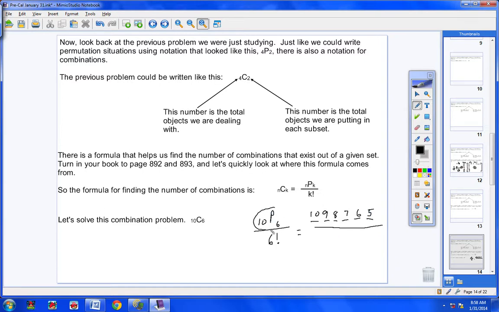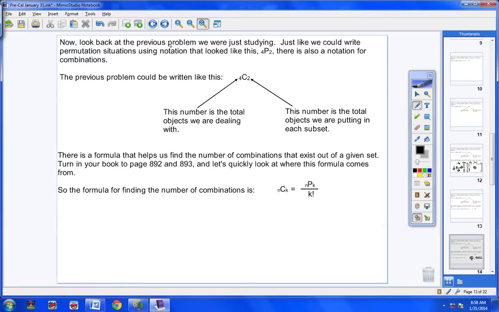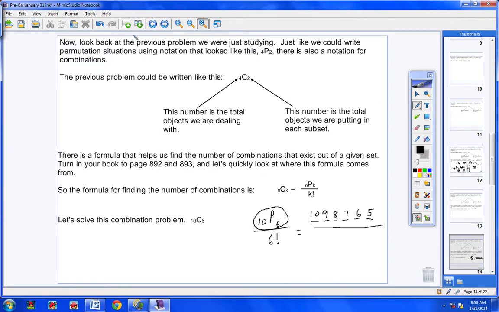And we learned how to solve this right here a couple days ago. All right. Now 6 factorial would be, of course, 6 times 5 times 4 times 3 times 2 times 1. Now, I'm going to go ahead and use a calculator to solve this just very quickly.